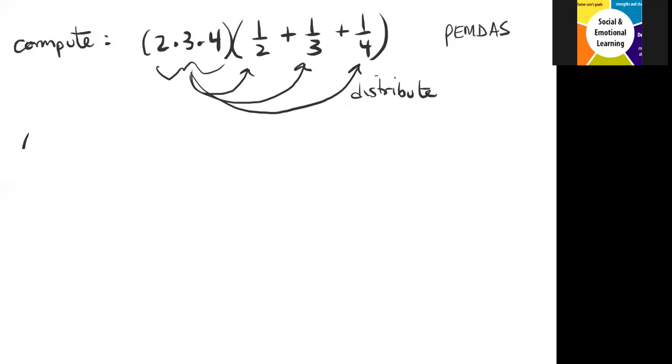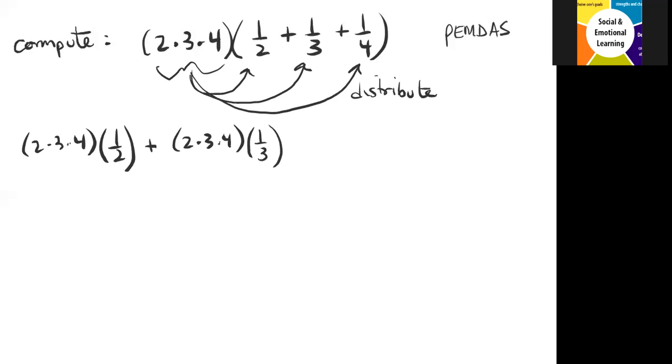So what we're going to get is 2 times 3 times 4 times 1/2 plus 2 times 3 times 4 times 1/3 plus 2 times 3 times 4 times 1/4. Does everybody see that that's how that bracket out front would distribute into each one of these fractions?